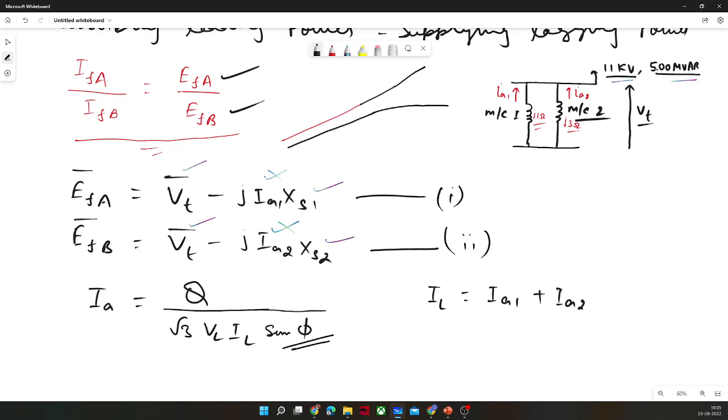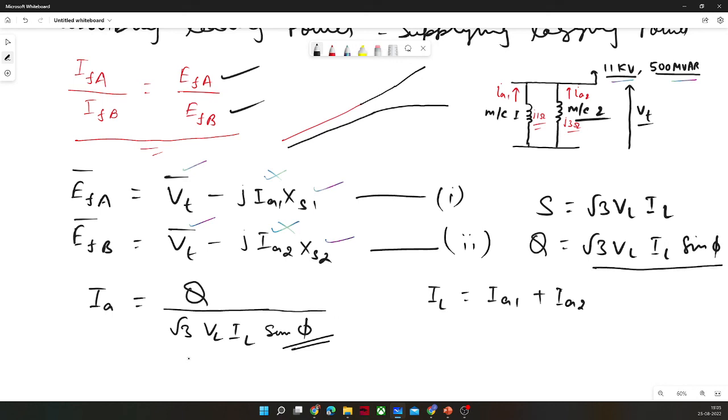But this grid would have some current, and this grid will have some power. S equals root 3 VL IL. Since this grid is operating at 50 MVAR, it is only taking reactive power. So we will take Q equal to root 3 VL IL sin phi. I am writing only this formula here.